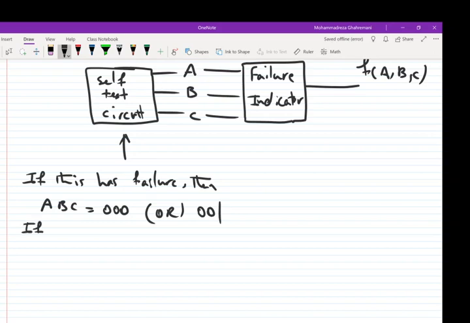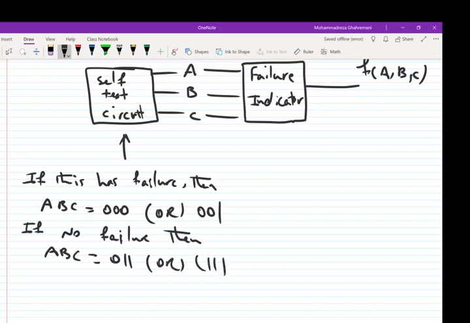If no failure, then A, B, C is equal to 0, 1, 1 or 1, 1, 1.